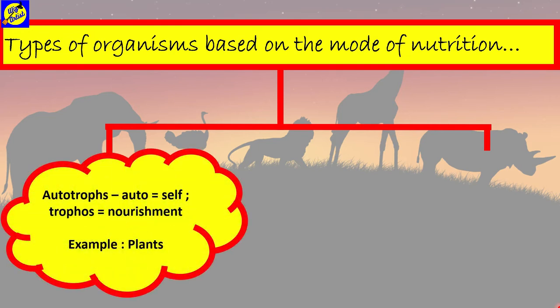Autotrophs, wherein auto means self and trophos means nourishment. An example is plants. Autotrophs means self-nourishment, meaning they can make food for themselves. They are not dependent on any other organism for food. They are self-dependent for food.